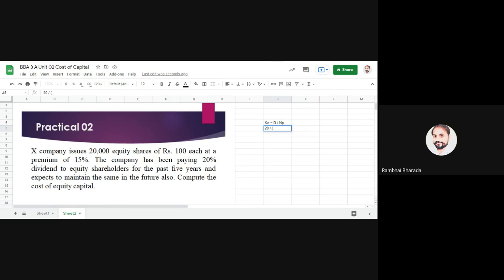So first of all, face value is given to you. Yes, 100. Now see, a premium or discount? Premium. Premium means plus. How many? 15% of 100. Is there any information about the issue expenses? No. So 20 divided by 115, 0.1739.